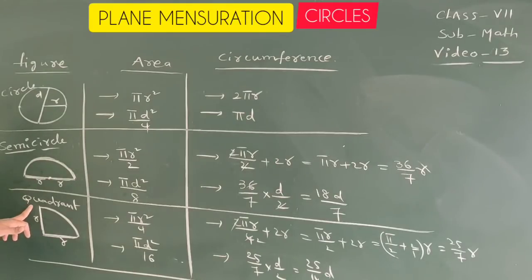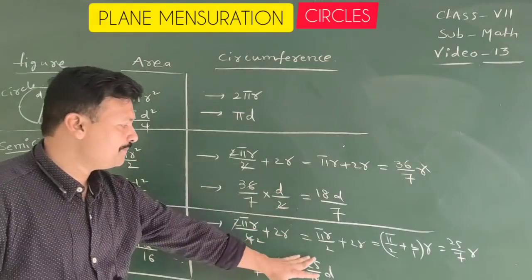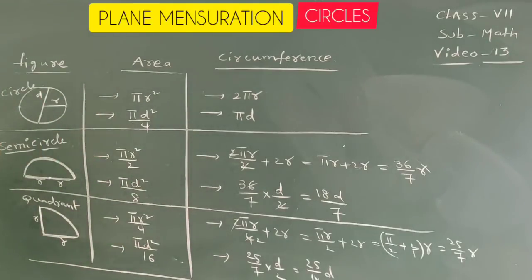For the quadrant, also 1/4 of the circle's arc in addition to the 2r. That is the area and the circumference of the given circle, semicircle and quadrant.